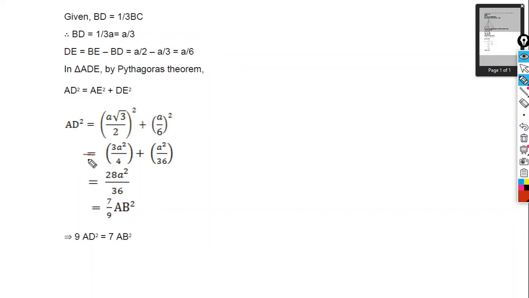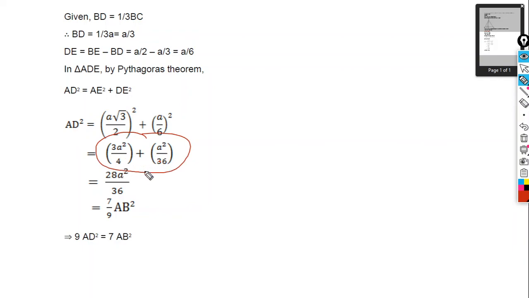Now square it: root 3 square is 3, A square is A square, 2 square is 4. A by 6 square is A square by 36. So we have 3A square divided by 4 plus A square divided by 36.